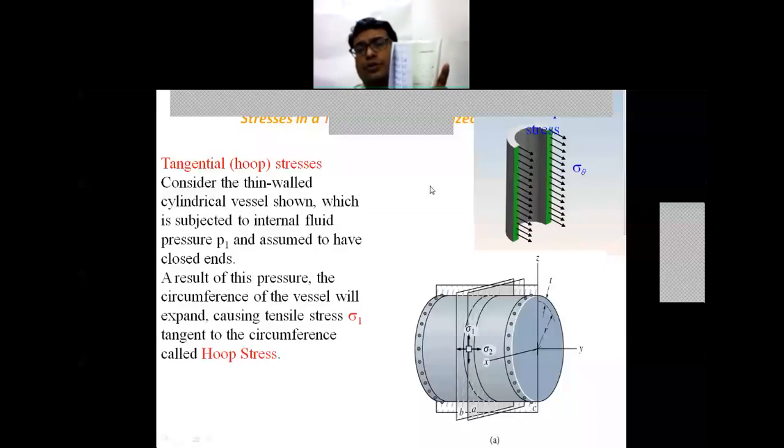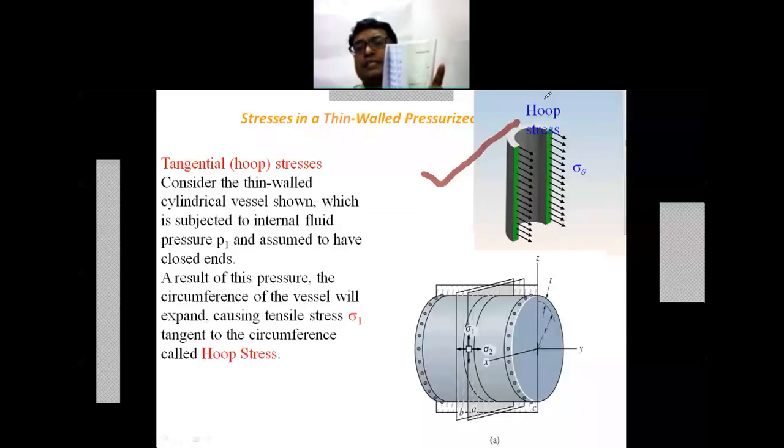So this is the hoop stresses, that is what is shown.